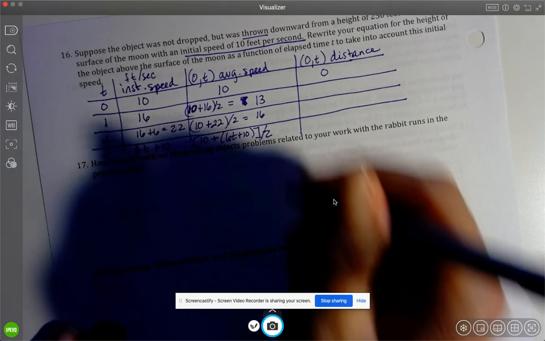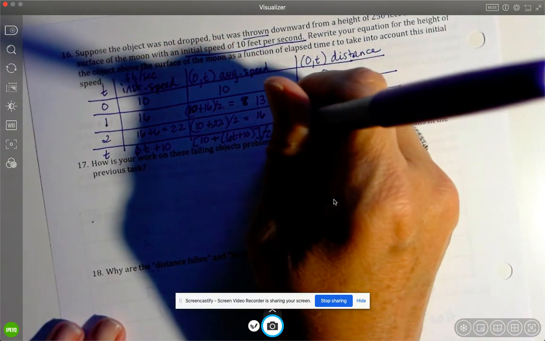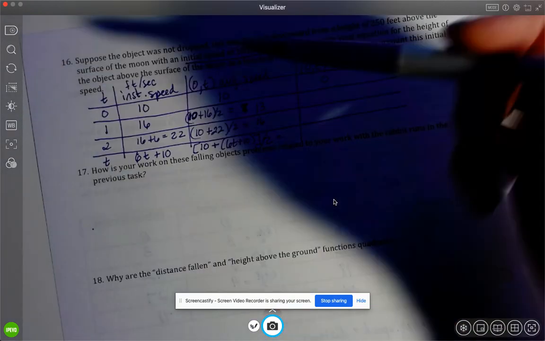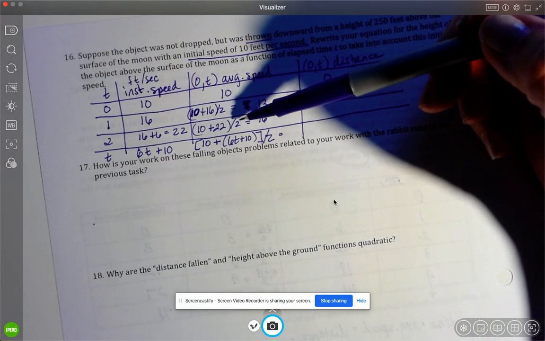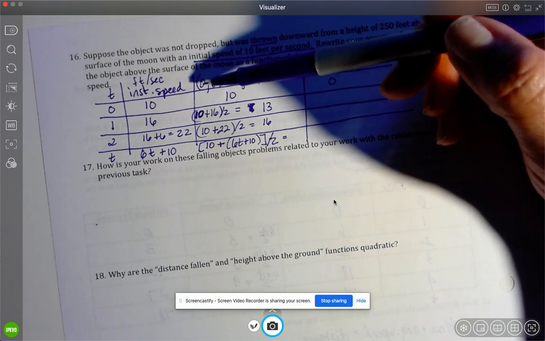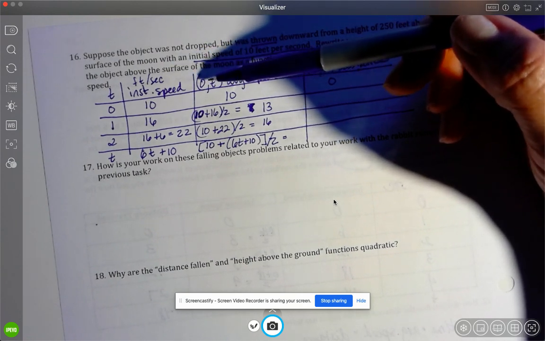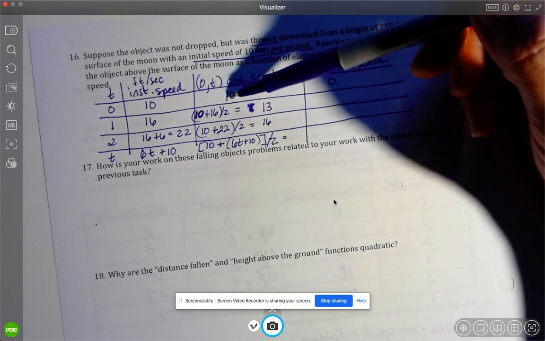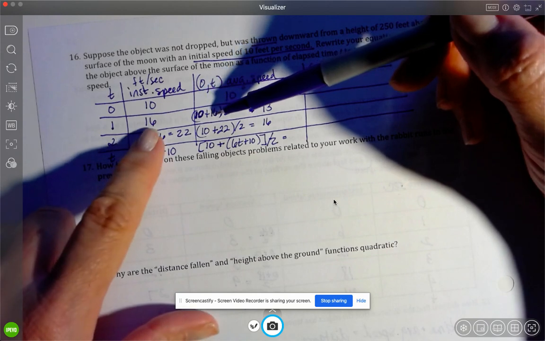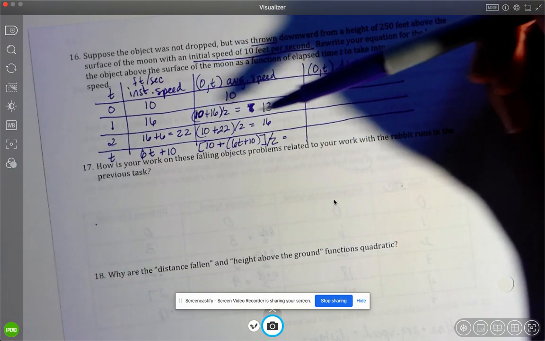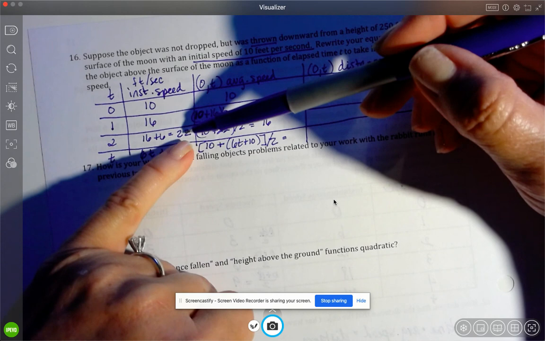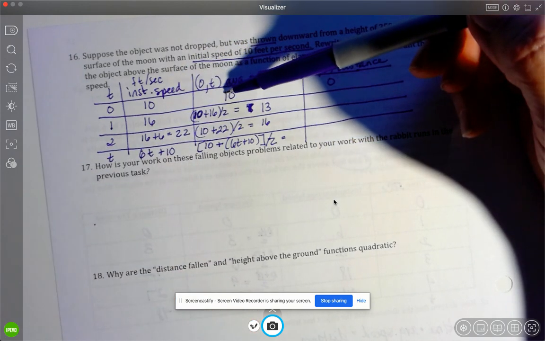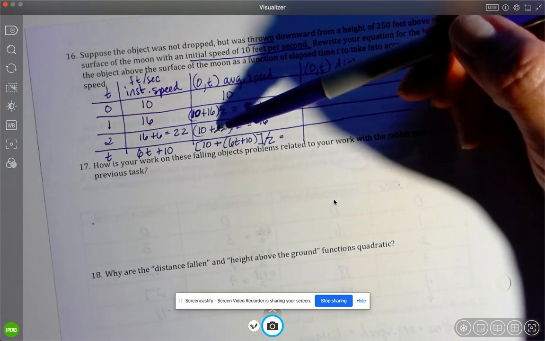So when I take, I'm running out of room here. Okay, so let's make sure that you understand where we're at. For each of these average speeds, I want the average speed at 0, the average speed at that second, and then I take the average of them. So I have 10, which is 0, plus 16 here, divided by 2, I get 13. 16 plus 6, because I got 22 here, that's my instantaneous speed at 2 seconds. So I go from 0 to 2, so 10 plus 22 divided by 2, I get 16.